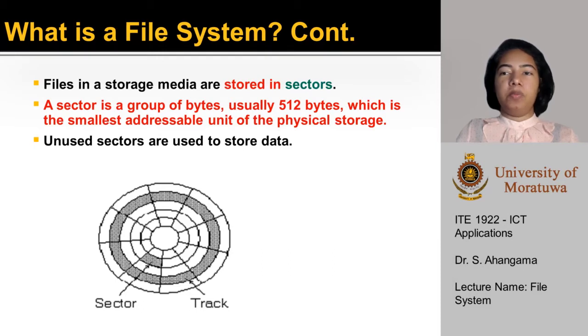Files in storage media are stored in sectors. A sector is a group of bytes, typically 512 bytes, that serves as the physical storage's smallest addressable unit. Here, unused sectors are used to store data. In this figure, you can see the tracks and sectors.